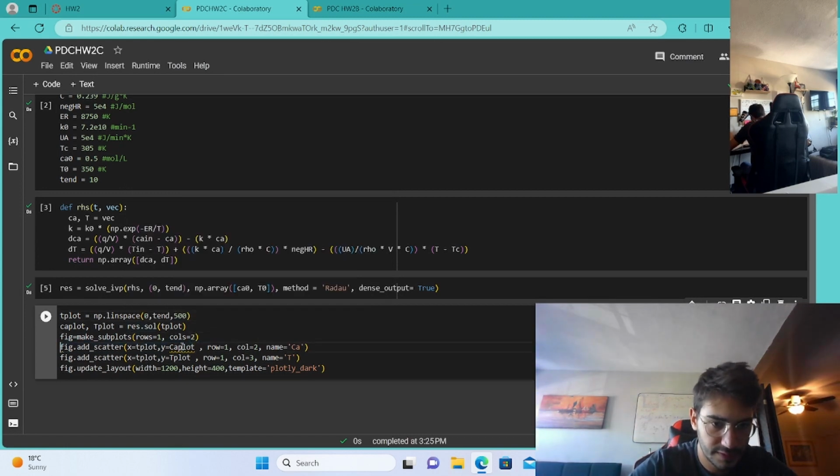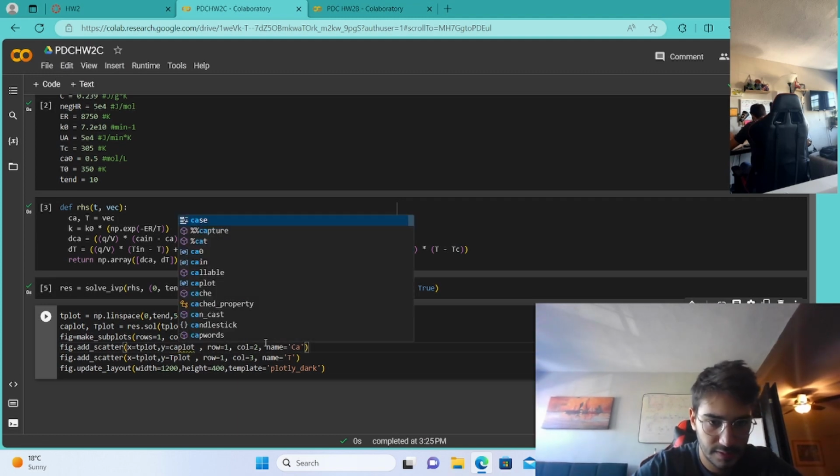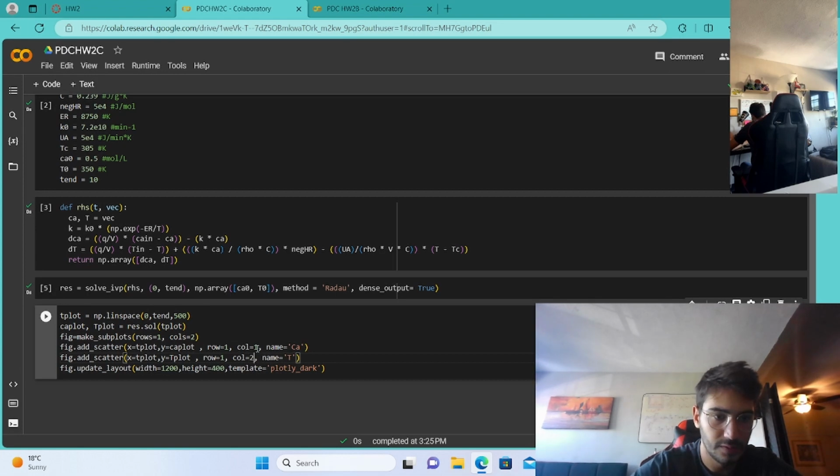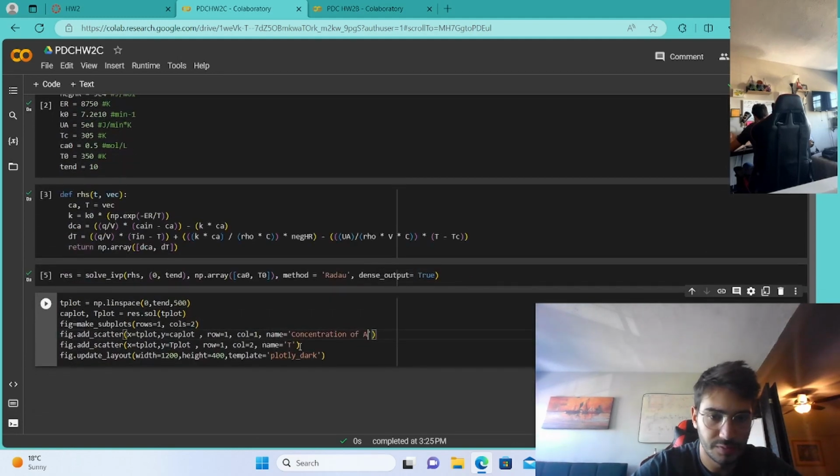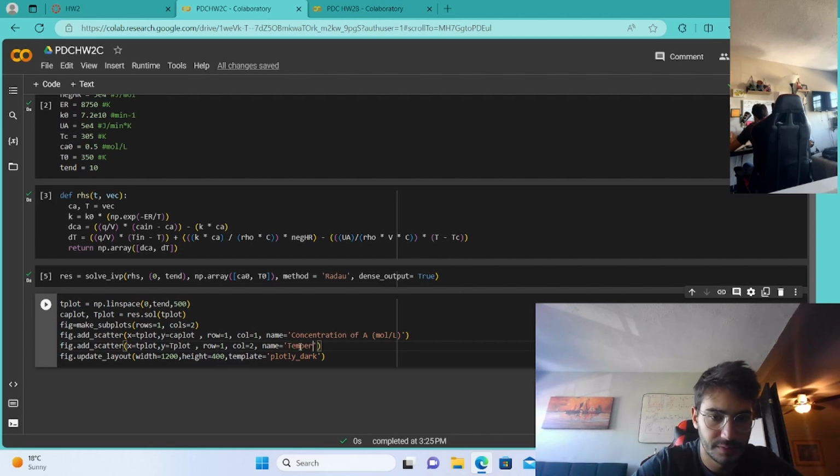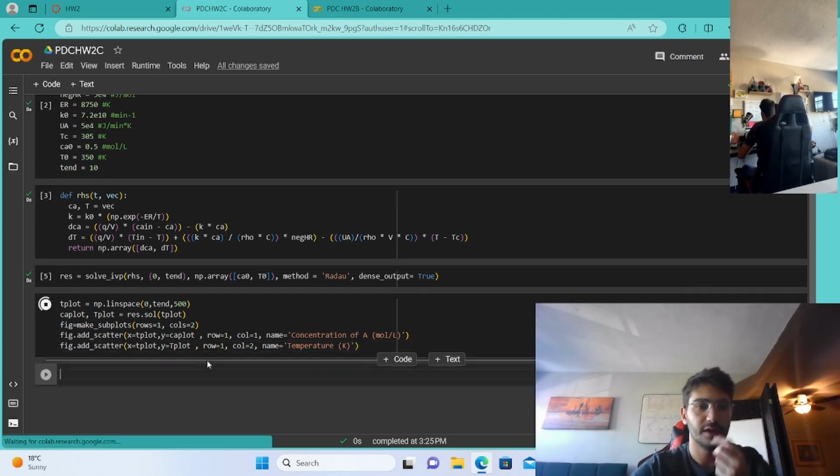This is CA plot, column 1, column 2. And this is CA, the concentration of A, which we're doing in moles per liter. And then temperature, in Kelvin. We don't need this update. We can go ahead and run this, and we should get our two graphs.